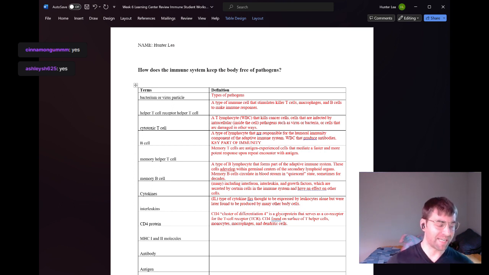MHC, major histocompatibility complex, 1 and 2 molecules. 1 and 2 have slightly different roles that are related. These are also very important in the adaptive immune system. Class 1 major histocompatibility complex molecules span the membrane of almost every cell in an organism.